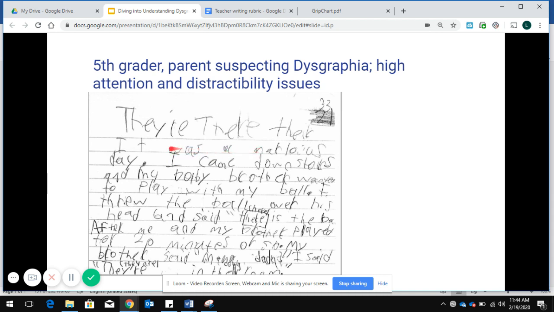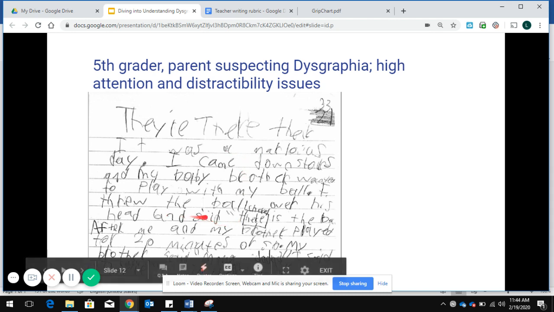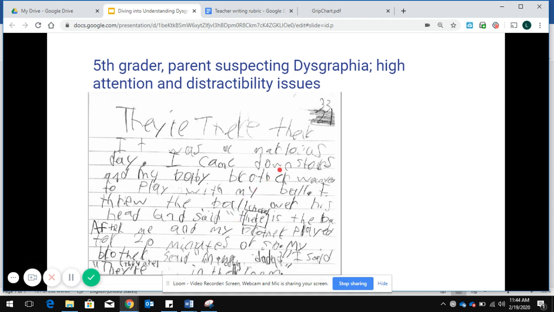Look how spaced out these words are. Over here, we don't have that much difficulty with spacing, so there's some inconsistencies with spacing. We also have some inconsistencies with letter formation. This is supposed to be a W, so the letter is not finished, right? It's not formed completely.